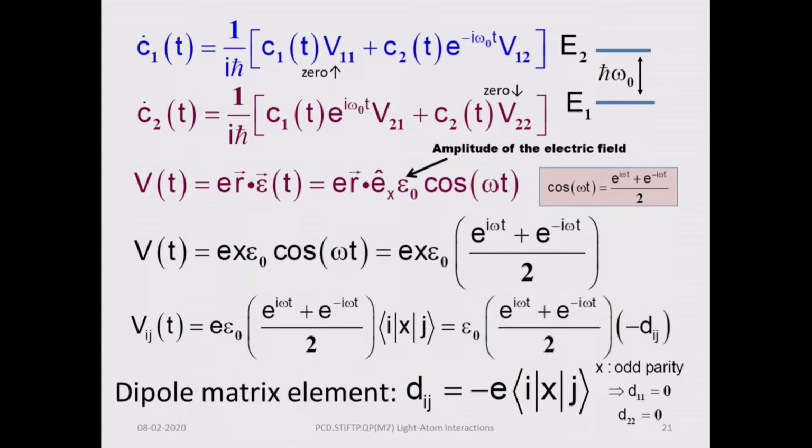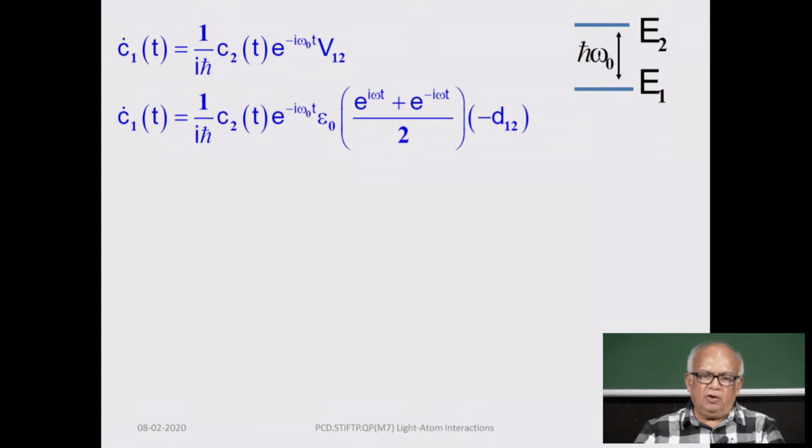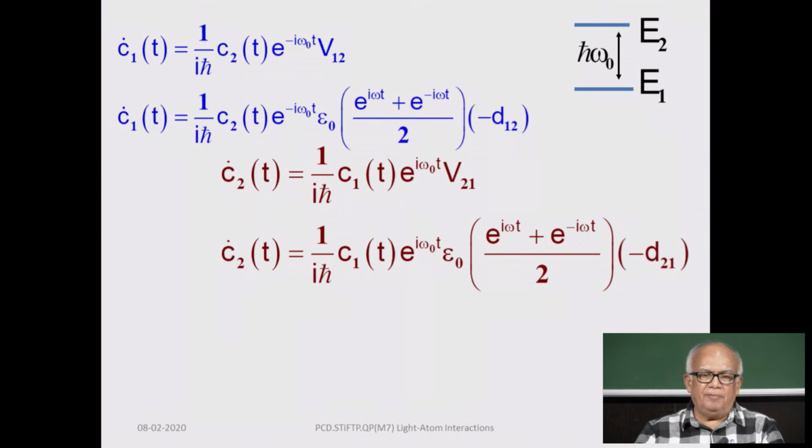The operator itself has an odd parity. So, D11 is 0 and D22 is 0, as I mentioned earlier. Here we have consolidated these results, for C1 dot, and you have a similar relationship for C2 dot. They are very similar to each other.